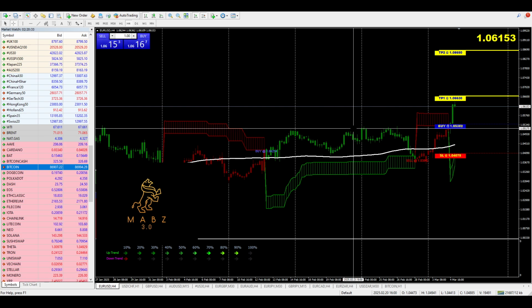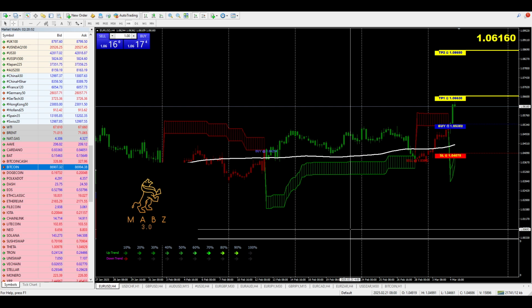And then the opposite is true as well. If the current market price is beneath the 100 moving average, that suggests to you and me as technical traders that the price is in a bearish market, meaning that the price is likely to go down, okay?